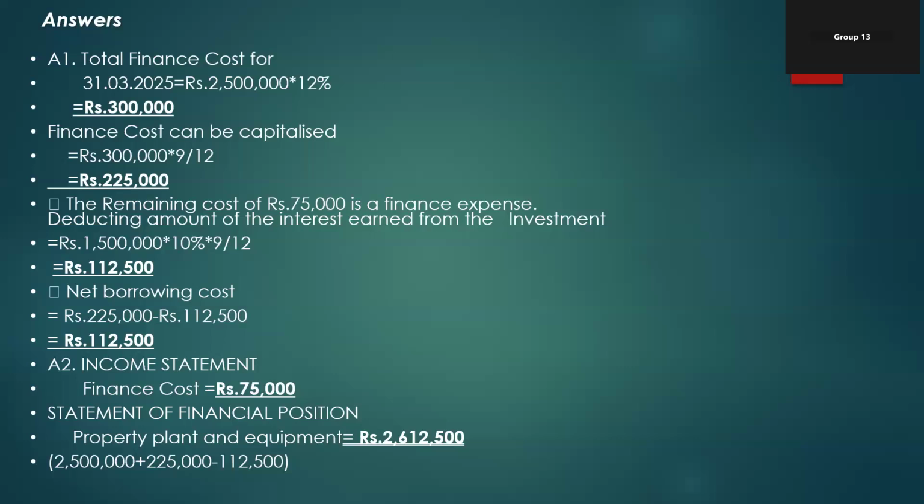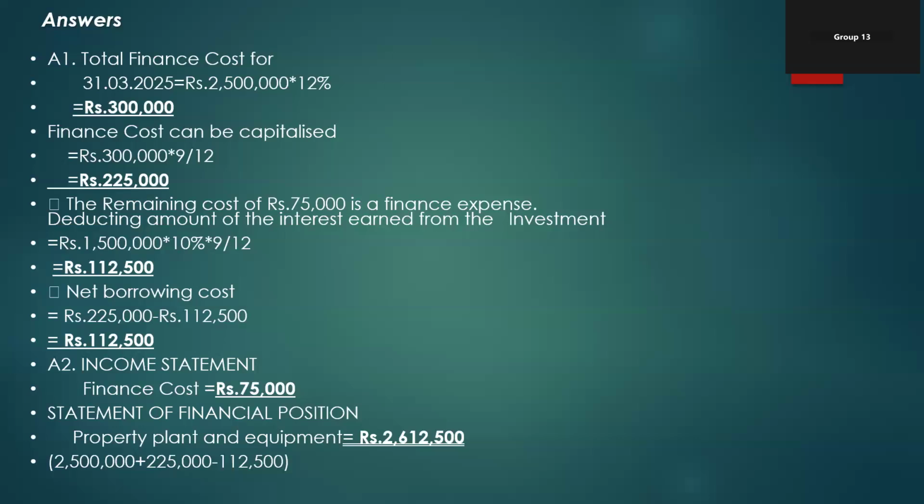So the finance cost was 3 lakhs, and for 9 months we take 3 lakhs multiplied by 9 and divided by 12. So the finance cost that can be capitalized is 2 lakhs and 25,000. Then the remaining cost of 75,000 is a finance expense.